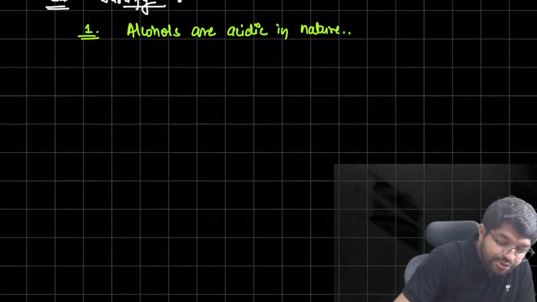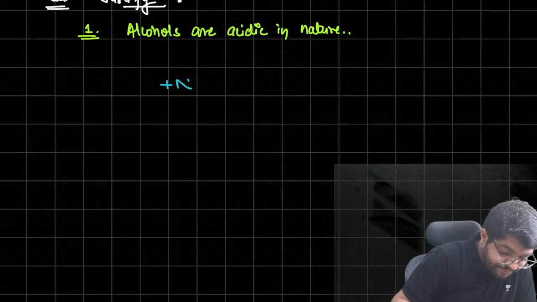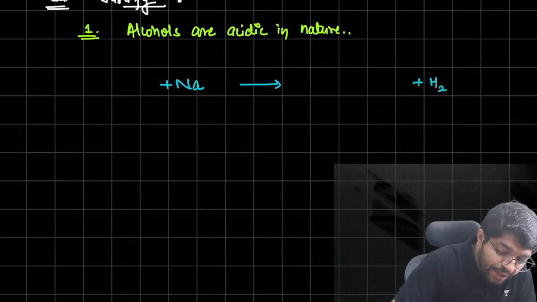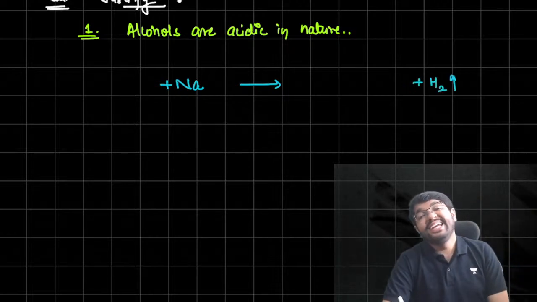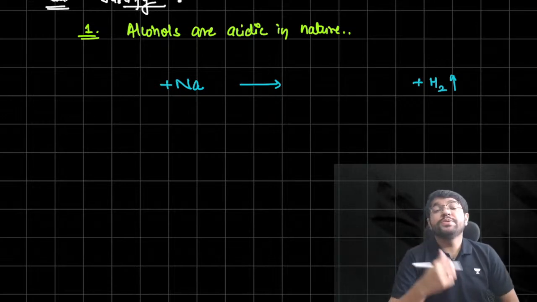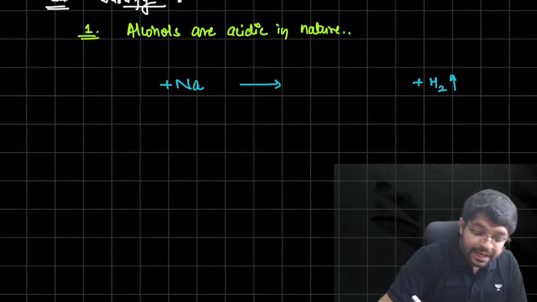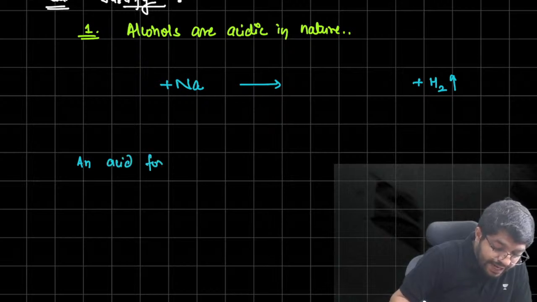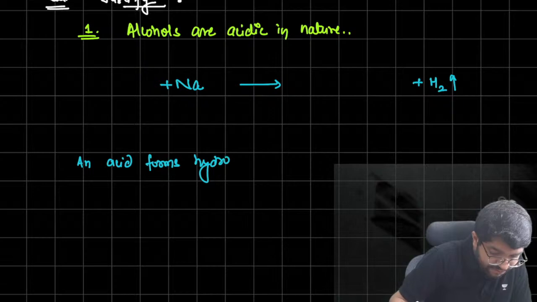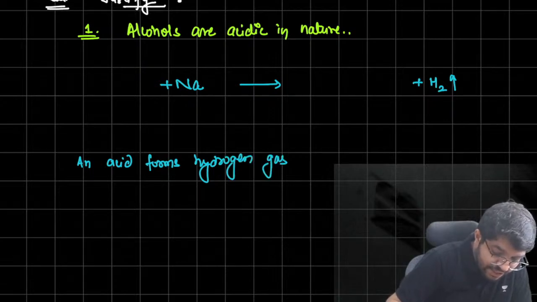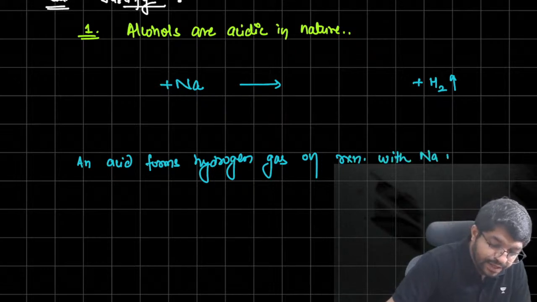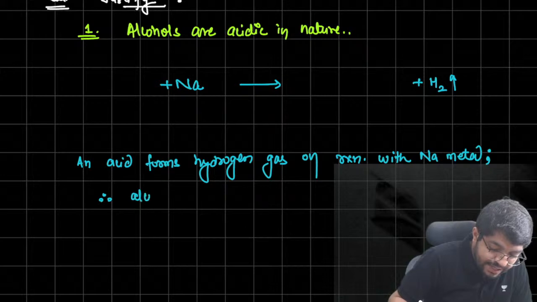The first reaction is with sodium, wherein any acid on reaction with the metal releases hydrogen. How do I justify that? An acid forms hydrogen gas on reaction with sodium metal. Therefore, alcohol is acidic.